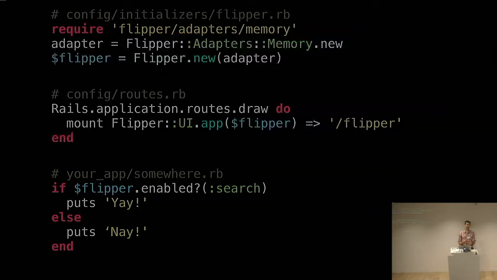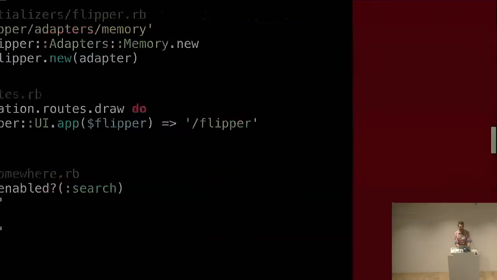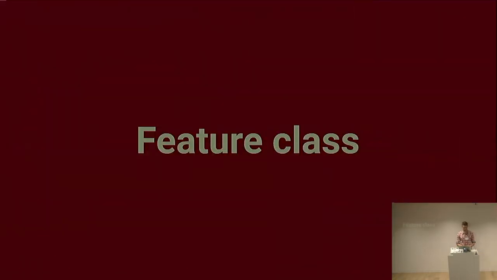But how can we refactor that code to not use a global variable, right? So to use a class. So let's call it a Feature class. First of all, we start with the empty class. And we need to actually reference the Flipper instance, right?